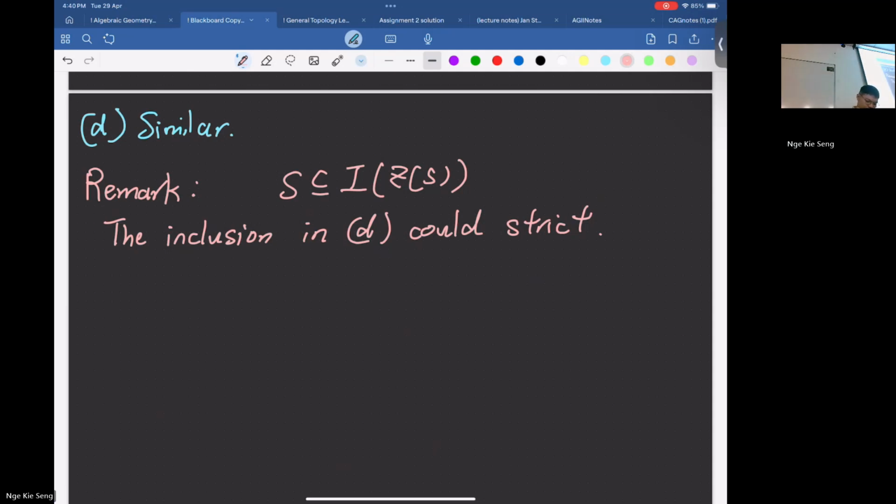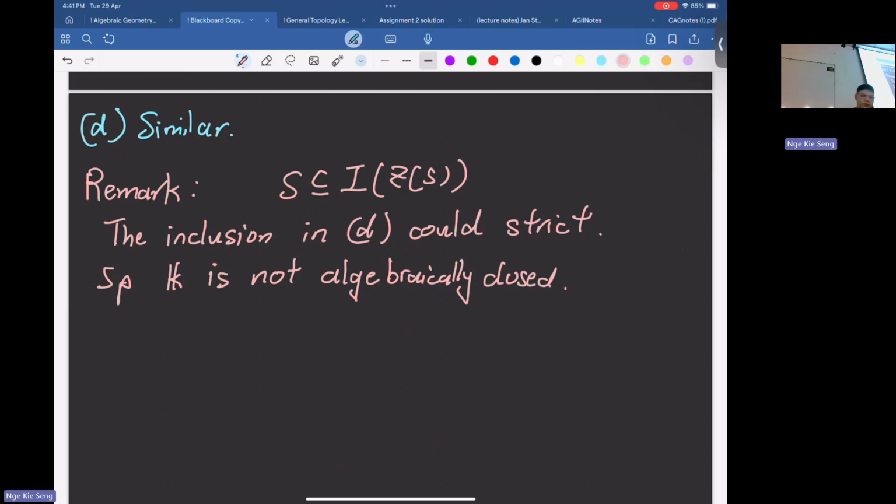So let's suppose that our field is not algebraically closed. Then what do we want to play around with this kind of field?